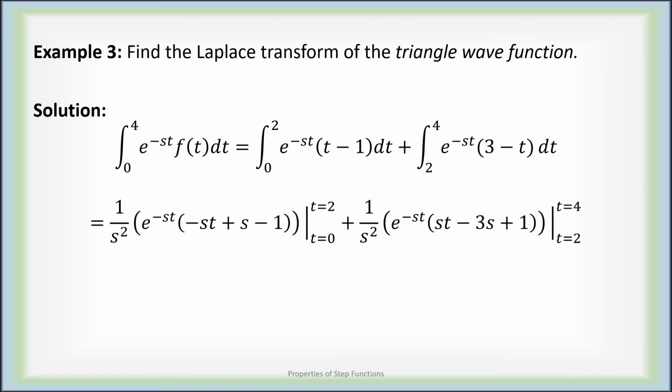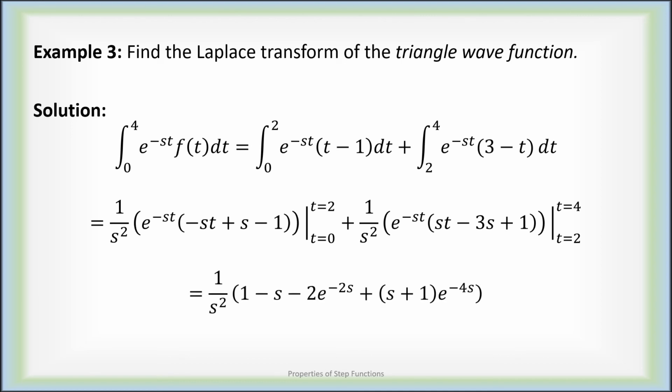We just go ahead and anti-differentiate this. You can already tell you've got t's times exponentials, so some integration by parts is going to be necessary, but here it is. And if you plug in the various bounds of 2 and 0 or 4 and 2 and simplify everything you can, you'll end up with this right here.